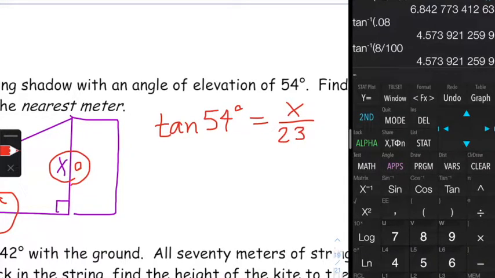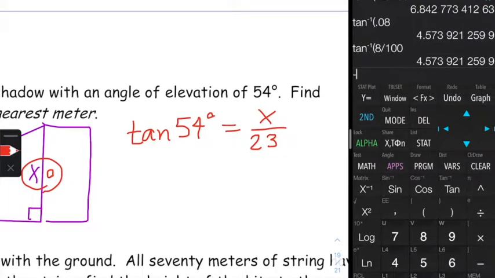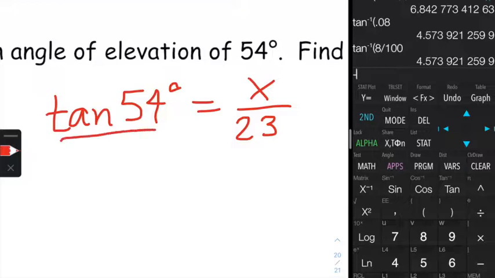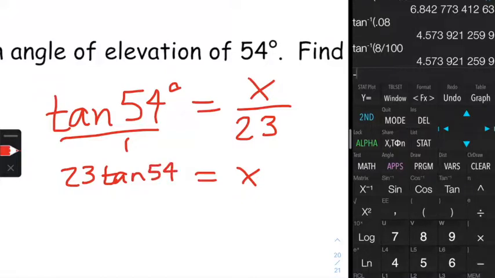And then we talked about the little shortcuts. Remember, if x is in the numerator, you would multiply both sides by 23. Or you can treat it like cross multiplication: 1 times x, which is x, equals 23 times tangent of 54. That's actually the calculator-ready form.